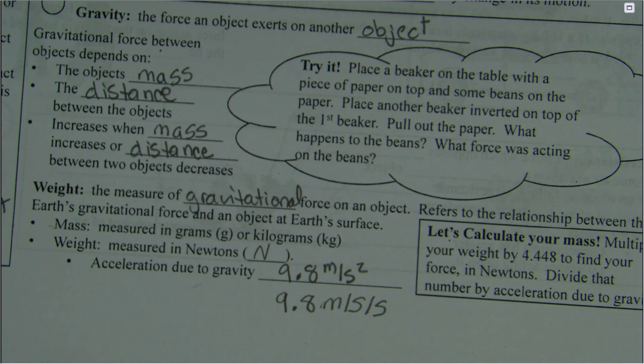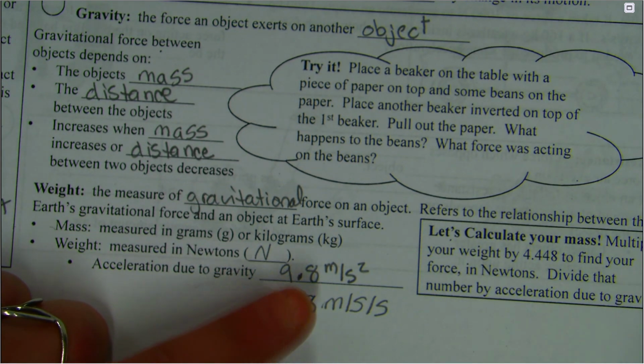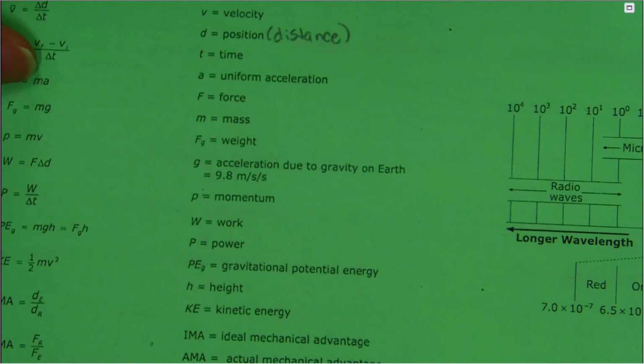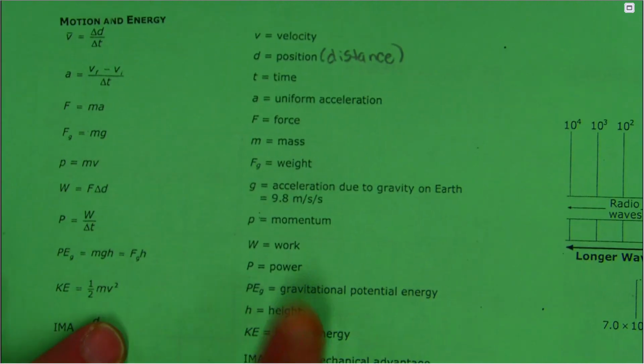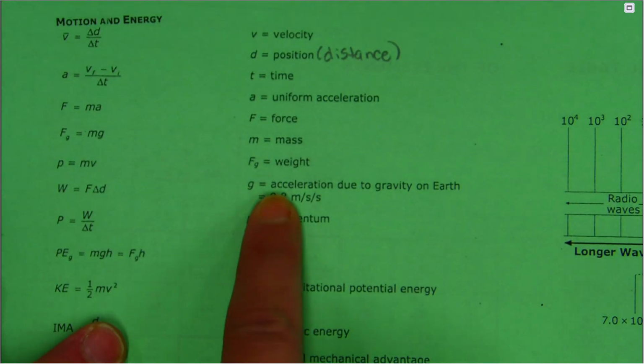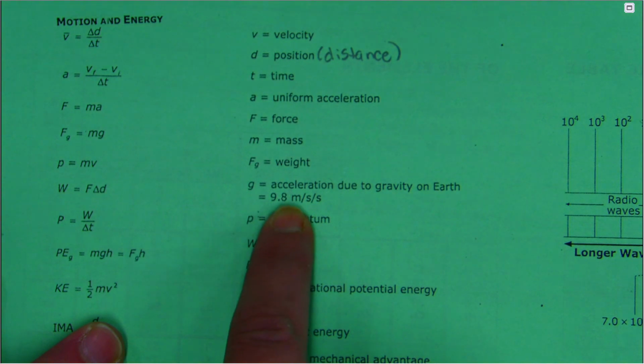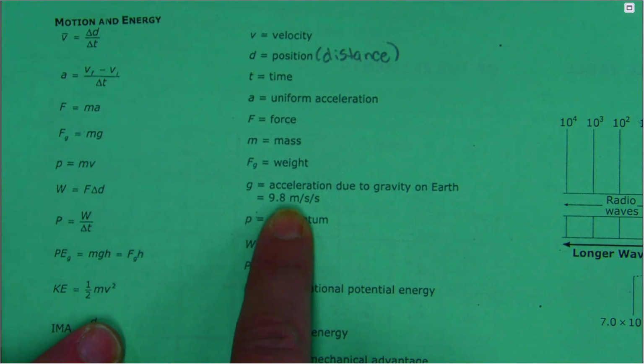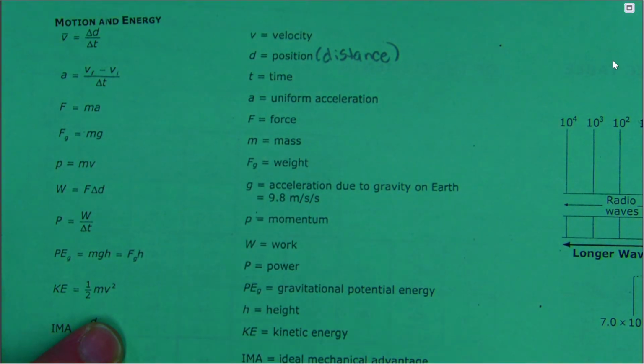Now, you don't need to memorize this. Of course, you probably at the end of this unit will have this memorized because we're going to use it so much. But if you check out your reference tables, you'll see here the acceleration due to gravity is 9.8 meters per second squared.